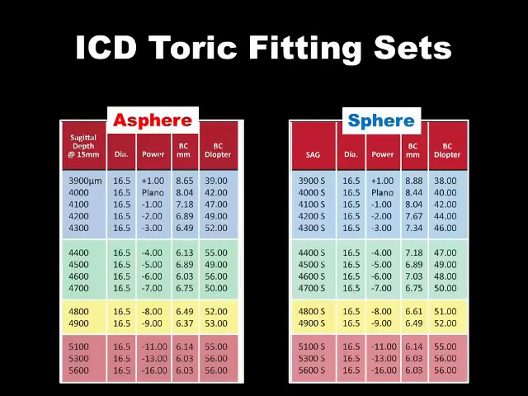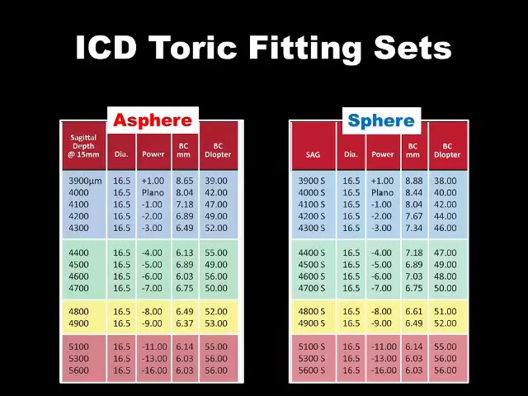Now, as you know, there are two versions of the ICD, the aspheric optic ICD and the spherical optic ICD. And you need to know which version of a set you have. Do you have the aspheric or the sphere? And you will therefore want to order your toric in the same construction.